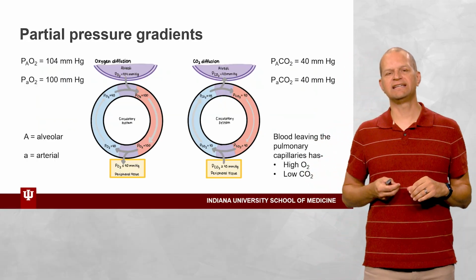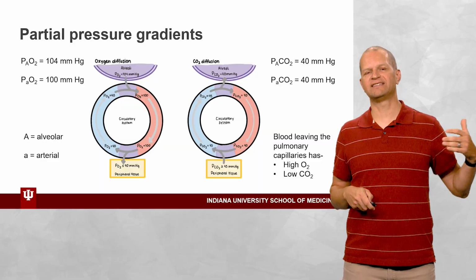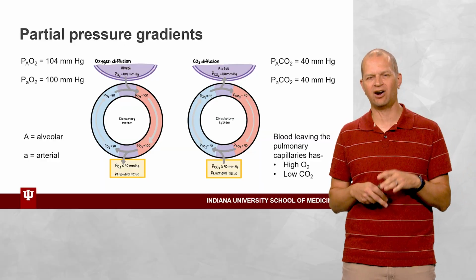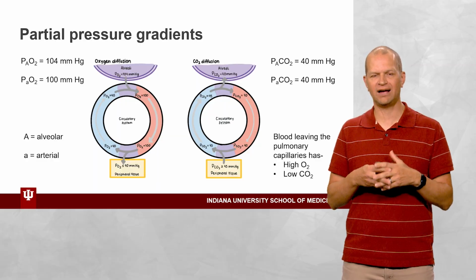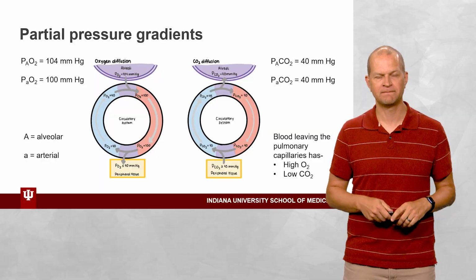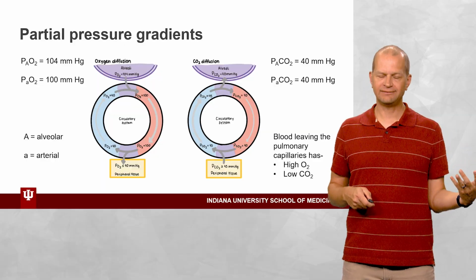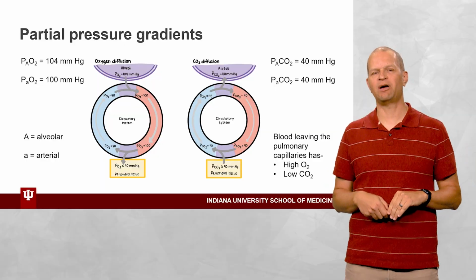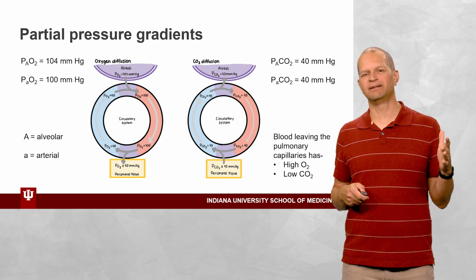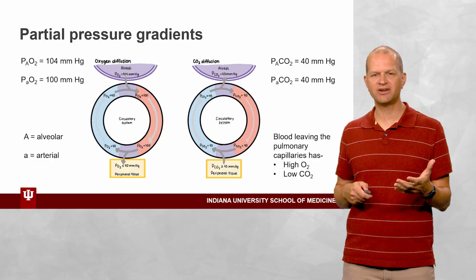Ultimately, this helps lead to our partial pressure gradients, right? If we send blood to where there's no oxygen, that means the blood that returns back to the heart is going to have low oxygen. It's going to reduce how much oxygen ultimately gets sent out to the rest of my body. In the alveoli, the partial pressure of oxygen is about 104. The amount of oxygen that reaches the arterial blood is about 100.